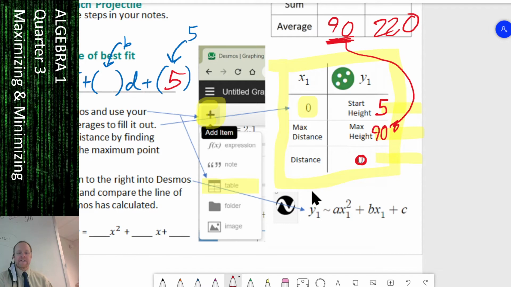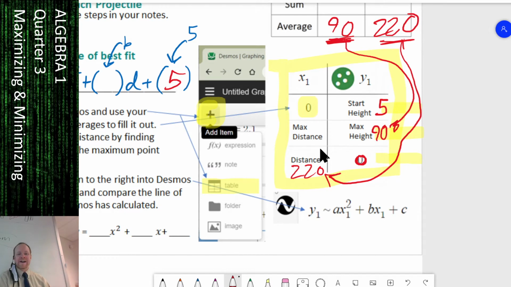So our very last point is where the projectile flies through the air, and then its height gets back to 0. That 0 right there means it hits the ground, and we're going to say the distance that it traveled for it to hit the ground. That's where I put my 220. That's where you would take whatever number you calculated as your average, and you would put it right there.